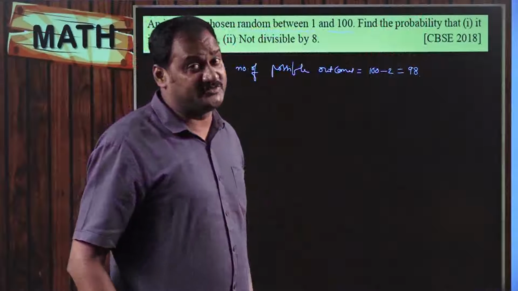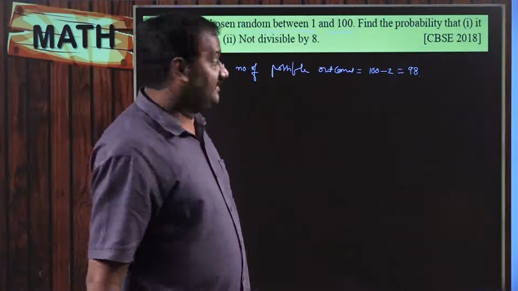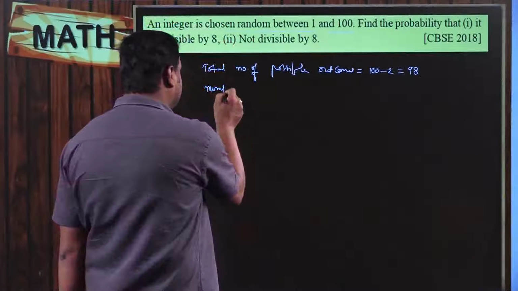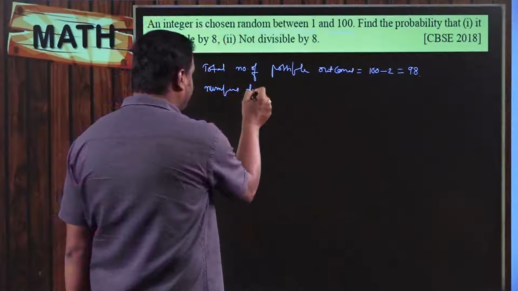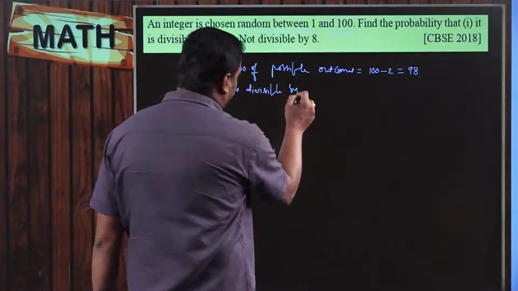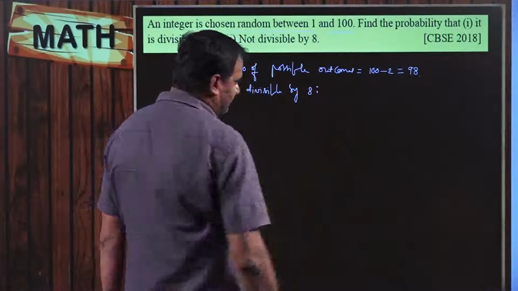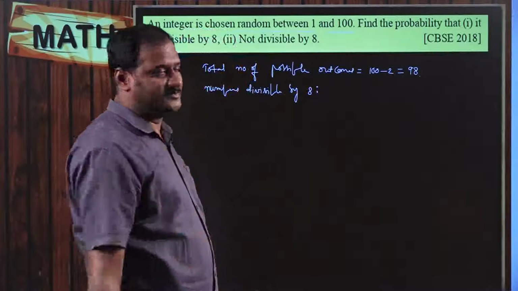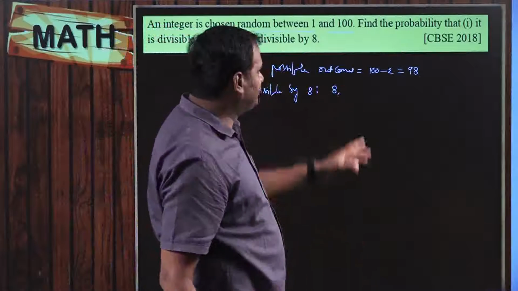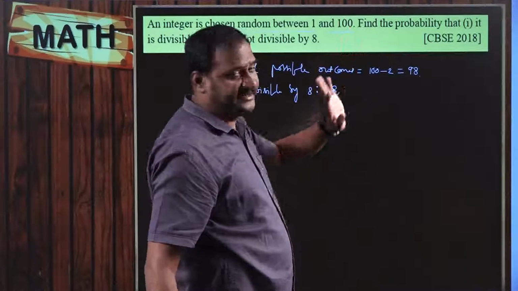So what are the numbers divisible by 8? What is the very first number divisible by 8? Of course 8 is the first number, because we have to take the numbers from 2 to 99 only.